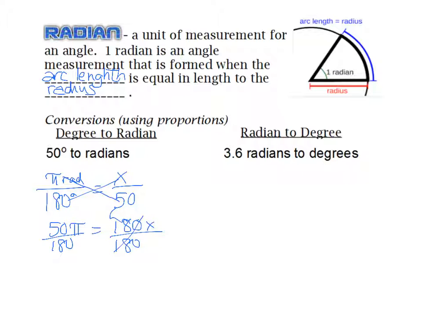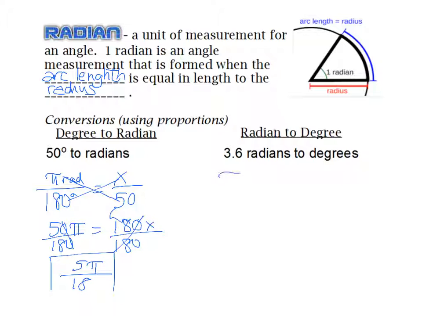Typically we like to leave pi in our answer because it's more exact. In degrees you've never had pi in your measurements before, and we don't want to start now, but with radians we kind of do. That leaves it more exact. I'm going to cross out those zeros, and it reduces to 5 pi over 18. We'll just leave that as the radian measurement.